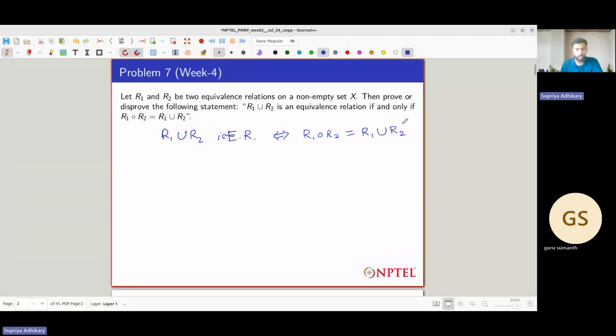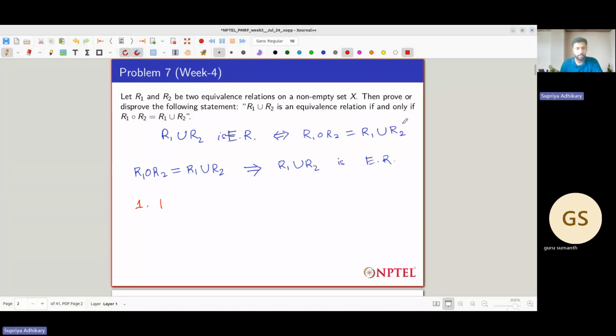So first we will prove this direction. Let us consider that R1 composition R2 equals R1 union R2, and we have to prove that R1 union R2 is an equivalence relation. Now to prove that this is an equivalence relation, there are three properties that we have to prove.